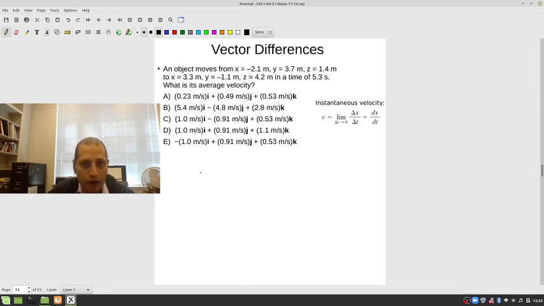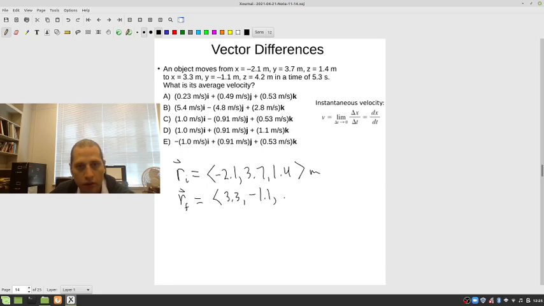So for instance, in this problem, it asks what's the average velocity if you go from an initial position, let me call that r initial, of minus 2.1, 3.7, and 1.4, to an r final, which is 3.3, minus 1.1, and 4.2 meters.